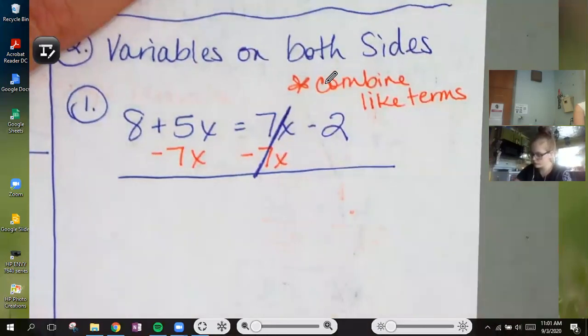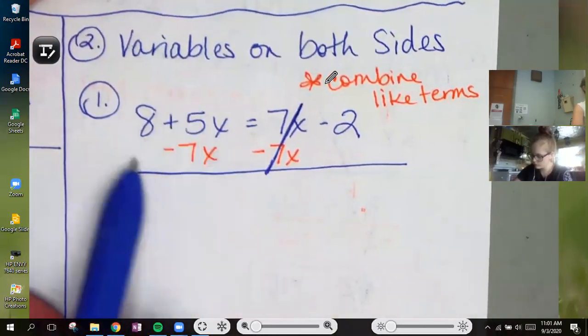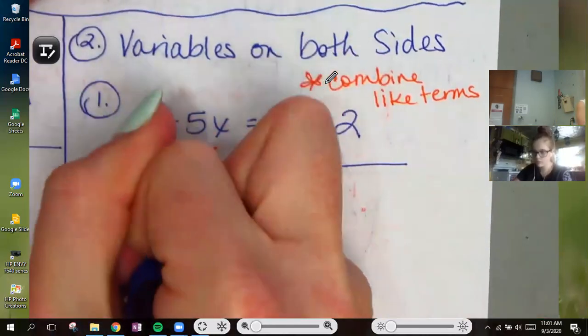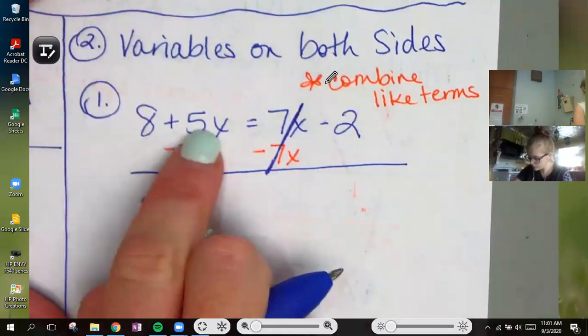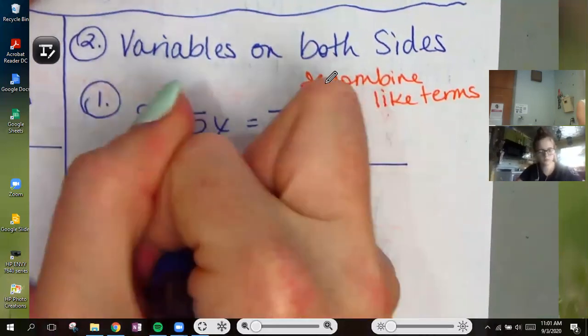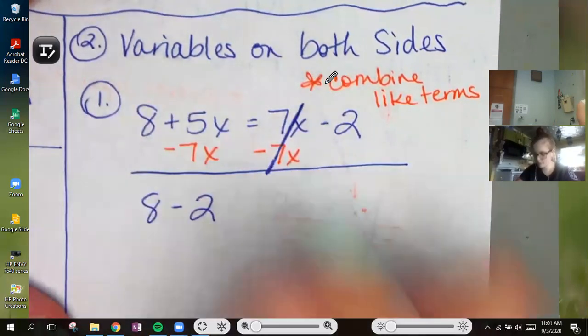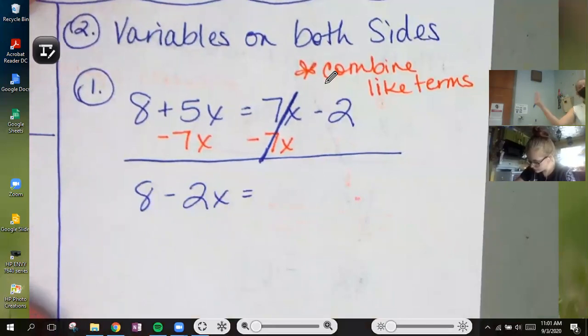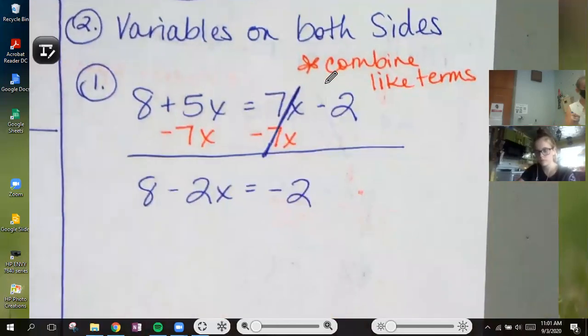What do I have over here now? Did I do anything to my 8? No. What is a positive 5 minus 7? Negative 2. Negative 2x. You could put plus negative 2x, but I just like to keep it simple. All right, and then what's left on my other side? Negative 2.